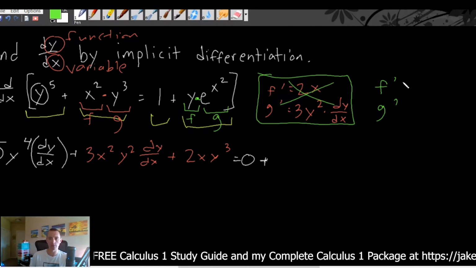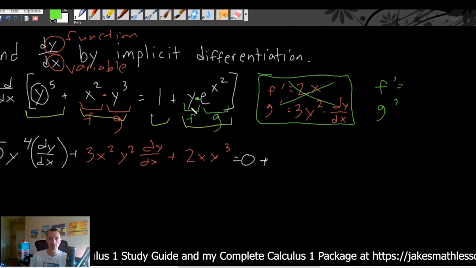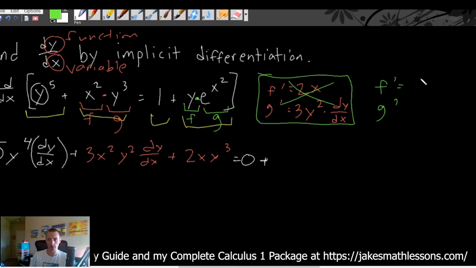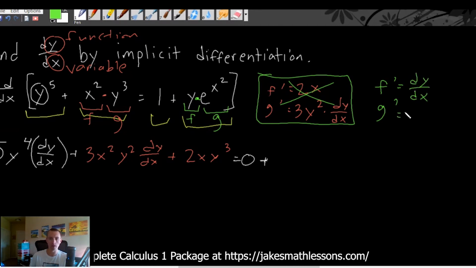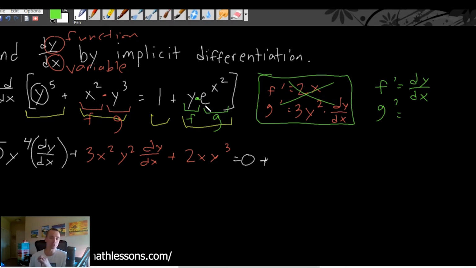So f prime is just the derivative of your f, which the derivative of y with respect to x is dy dx. Okay, and then g prime is the derivative of this piece here, e to the x squared. Well, e to the x squared is kind of interesting because it actually requires the use of the chain rule twice.